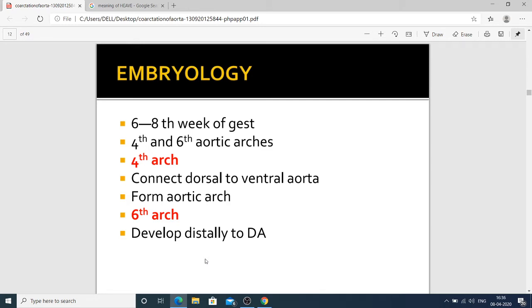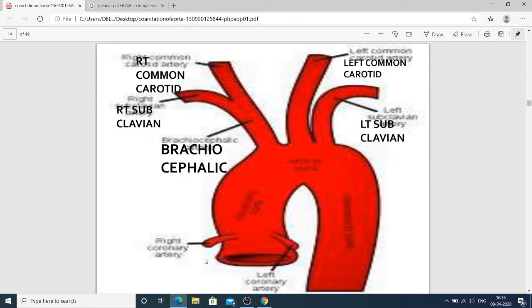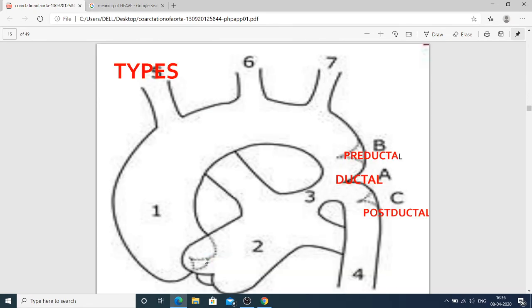The 4th arch connects dorsal to ventral aorta and forms the aortic arch at the 6th to 8th week of gestation, and the 6th arch develops distally to the DA.